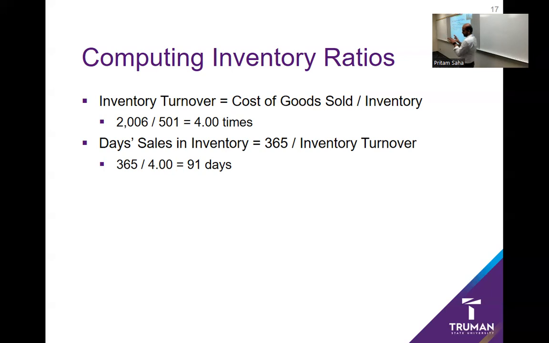Now, one caution for all of your ratio analysis: income statement item, balance sheet item. Going back to the income statement definition, the income statement shows everything done over a period of time, right?